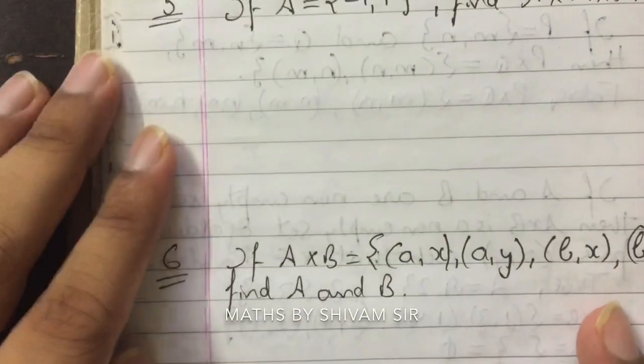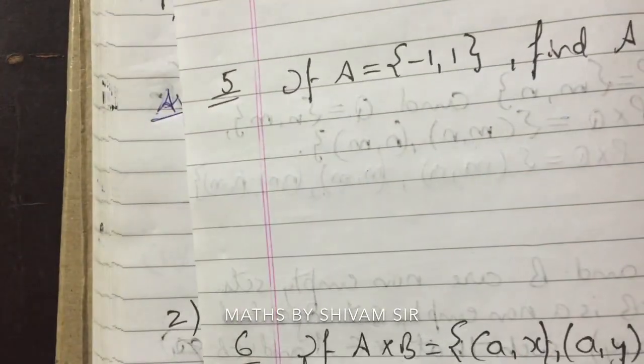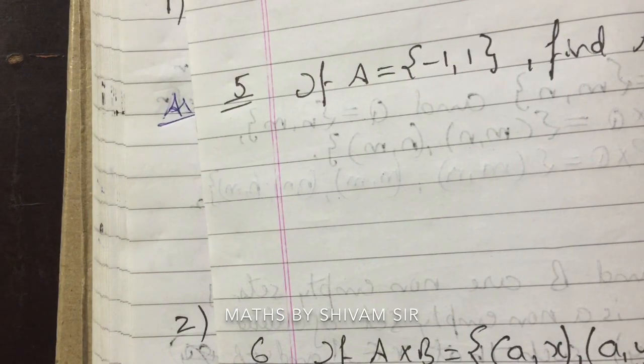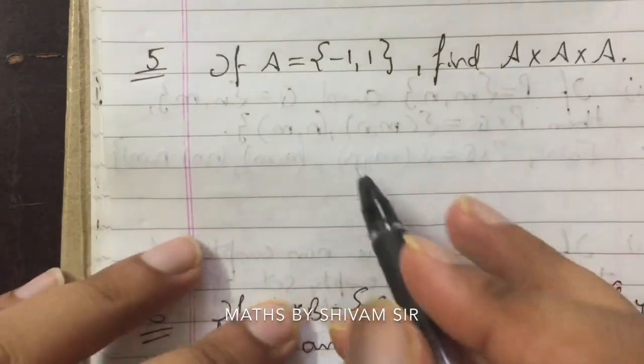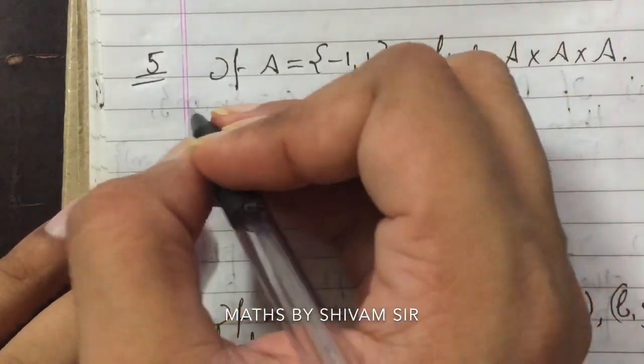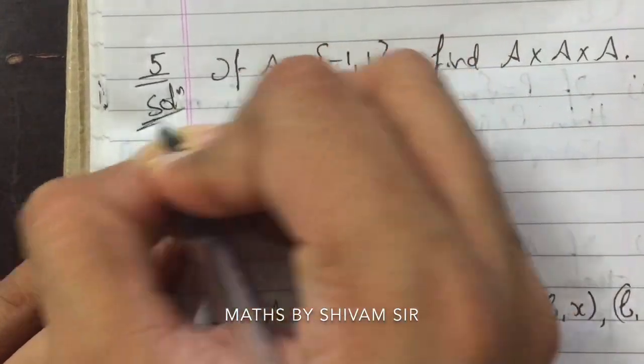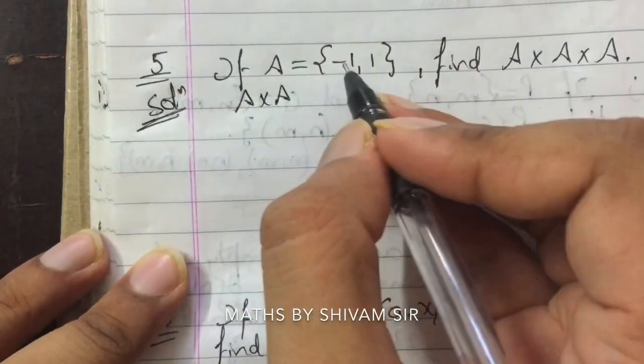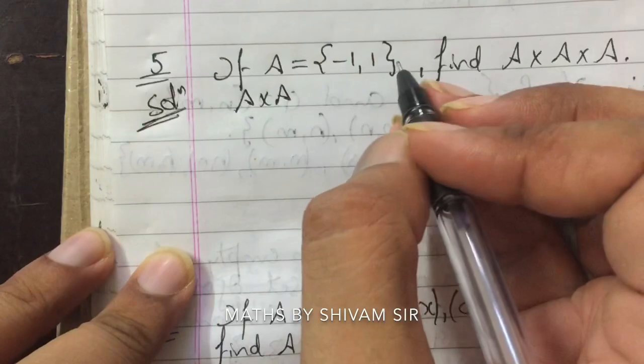Next, fifth question. If A is {-1, 1}, and we have to find A cross A cross A, right? So first let's find A cross A. Solution. A cross A means this element multiplied by this element itself.